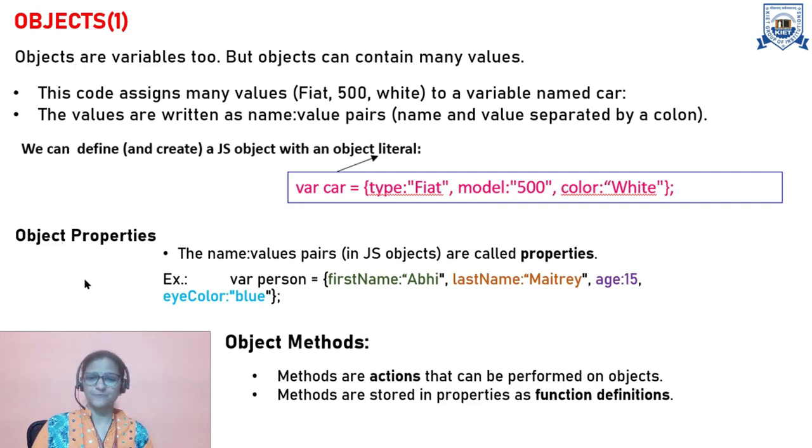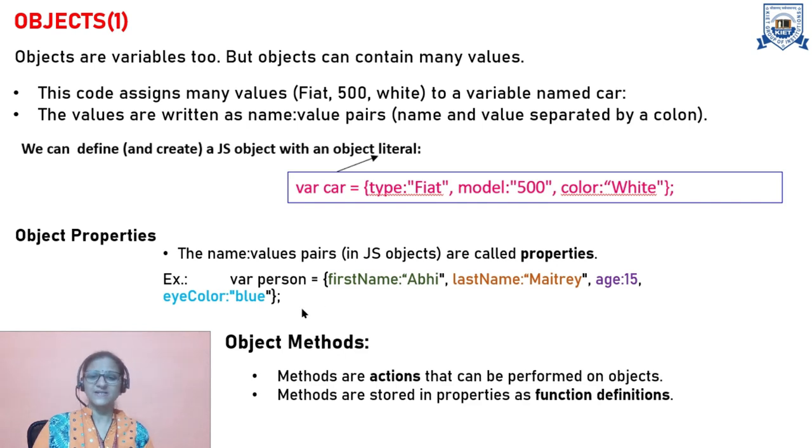Object properties. This name and this value, the complete pair in JavaScript, is called a property. For example, if we take the object person, here first name and the value, last name, the value, age, the number, this combination, this pair, property and value, property and value, and this eye color blue.